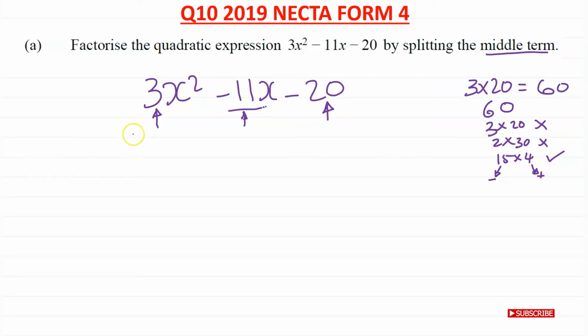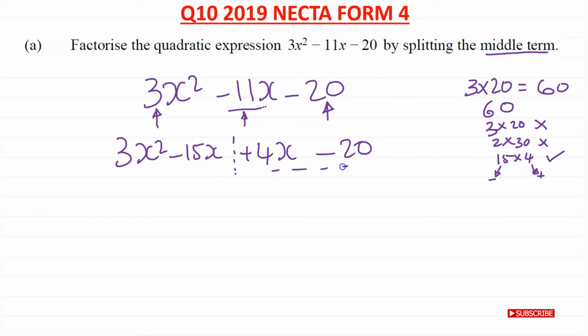So I'm going to rewrite this as 3x squared minus 15x plus 4x minus 20. Now I'm going to split there, with one side like that and one side like this. I'm going to factorize each one separately to start with.